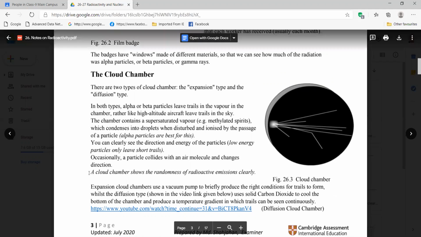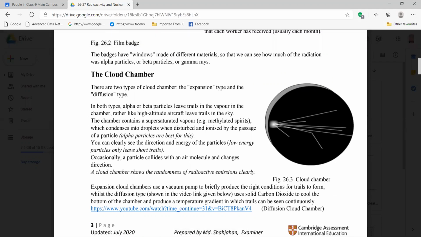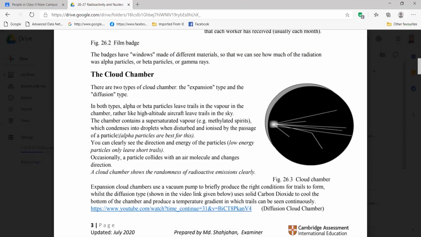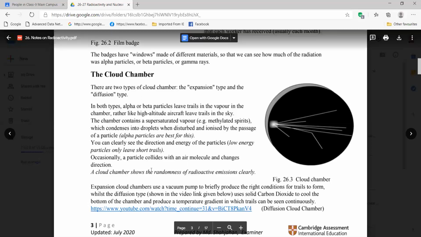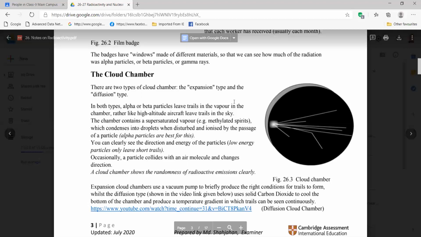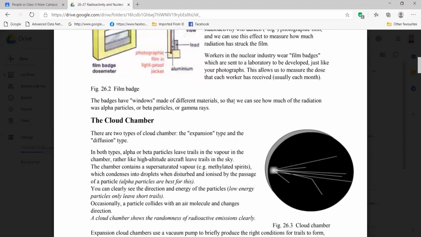Then here is one thing in italic form. Those things you focus on. I gave them in italic form. Alpha particles are best for this. These things you will focus on. Low energy particles only leave short trails. So just remember this.